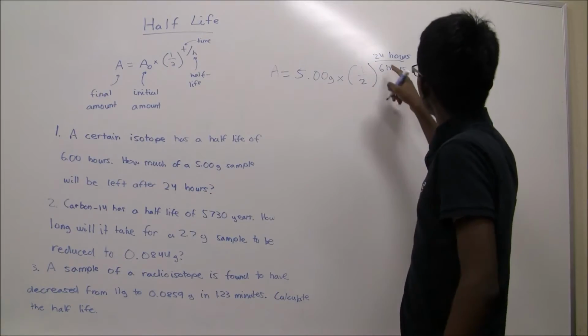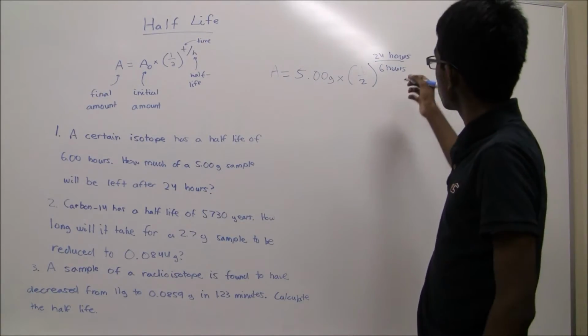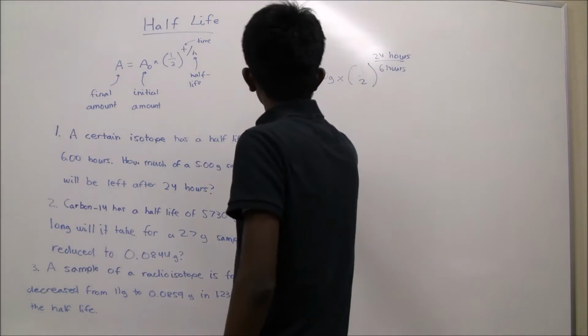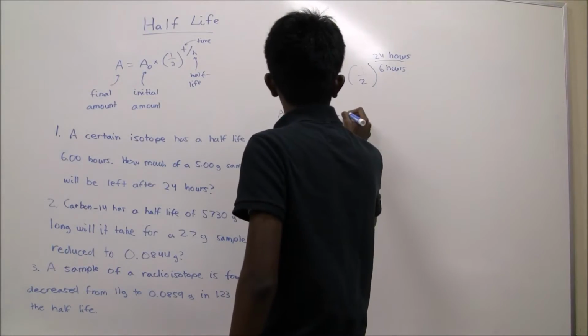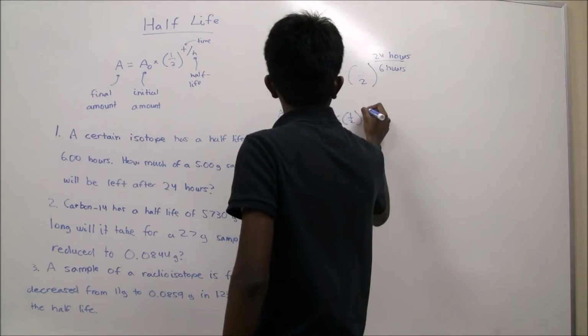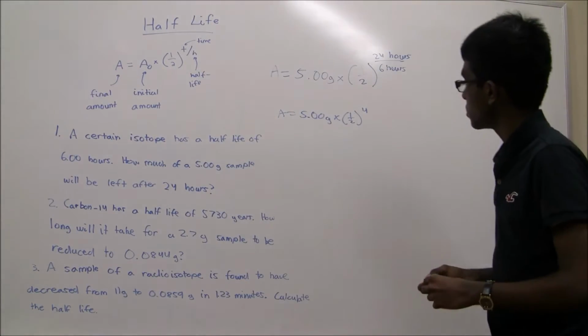Okay, so 24 divided by 6 is 4, right? So this is what you get.